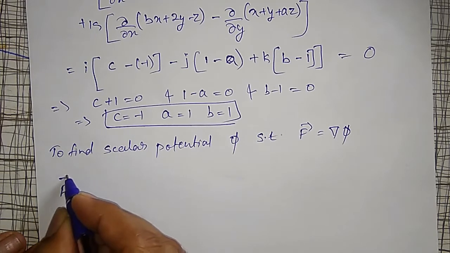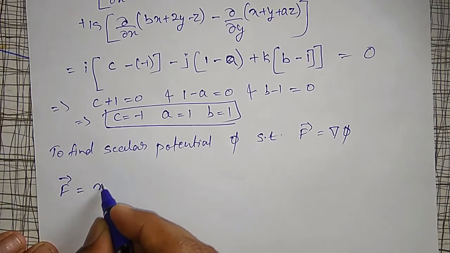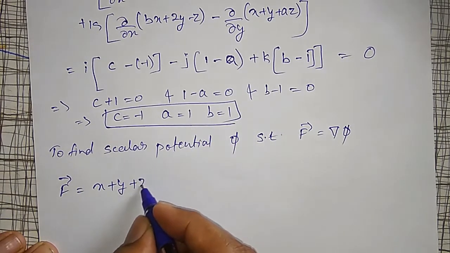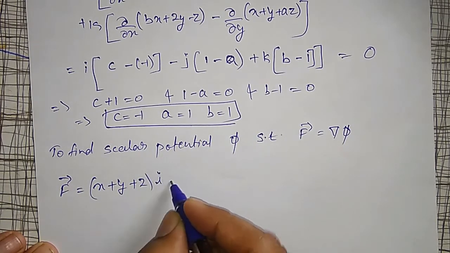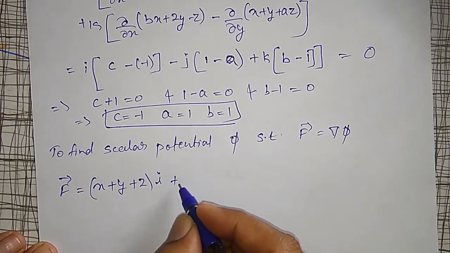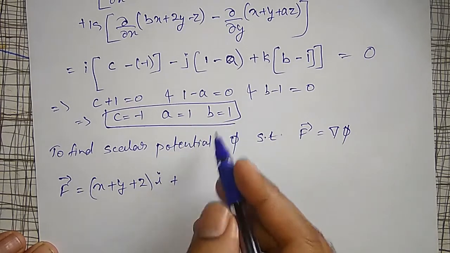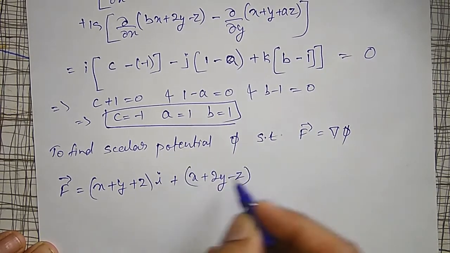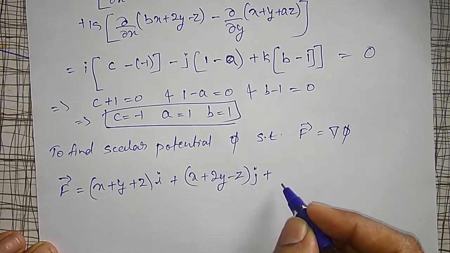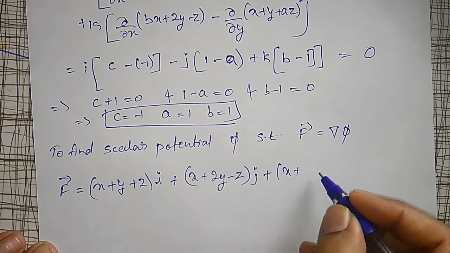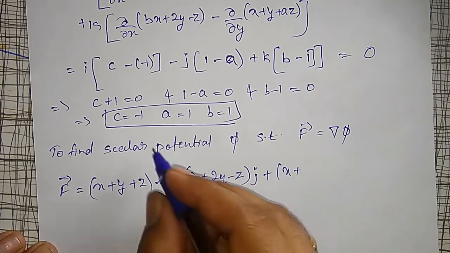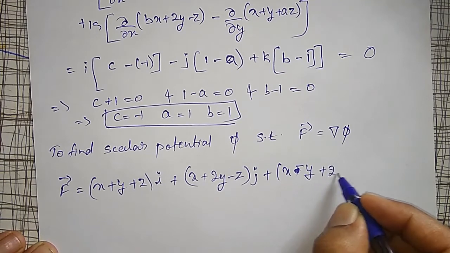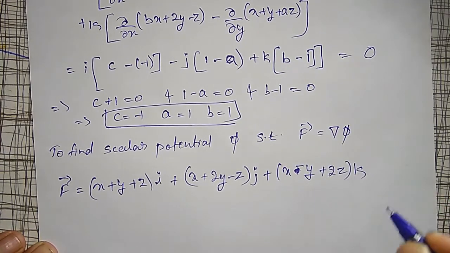Therefore vector F is equal to (x plus y plus az), a is nothing but 1, therefore it is z, into i, plus (bx plus 2y minus z), b is again 1, into j, plus (x plus cy plus 2z), c is minus 1, therefore it will become x minus y plus 2z, into k.